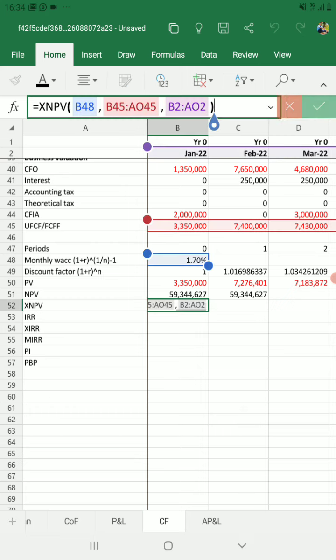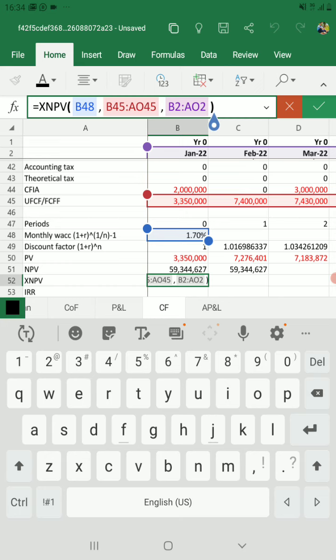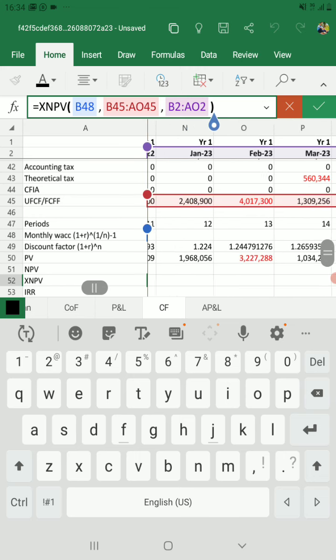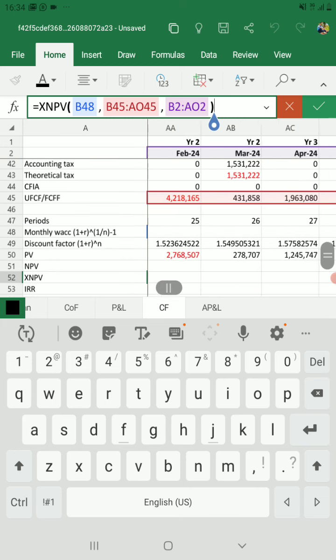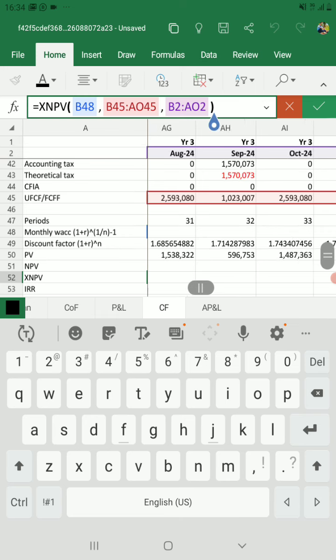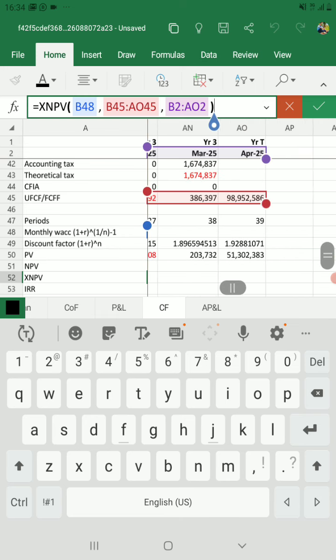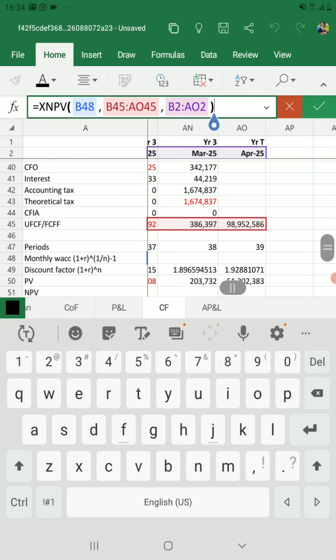So XNPV, I said the rate, which is this one, and then the unlevered free cash flow has been picked up to year T, which also covered the terminal value, and then this one, the timing, the dates up to there.